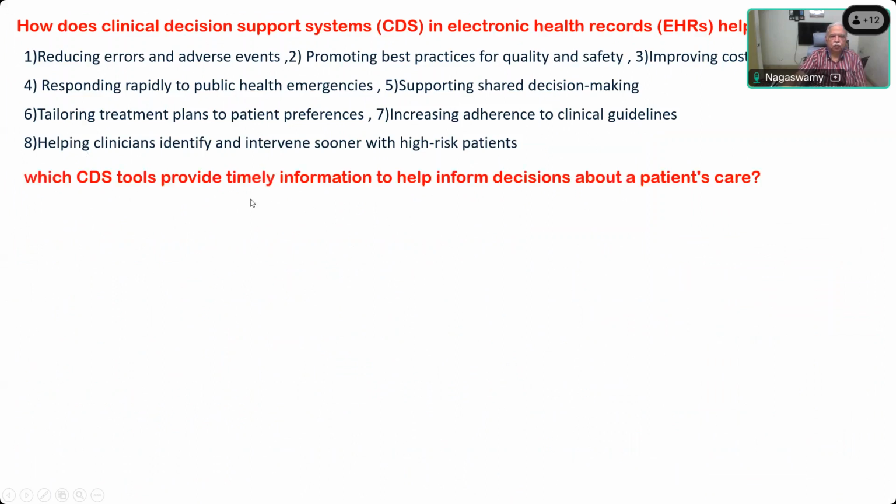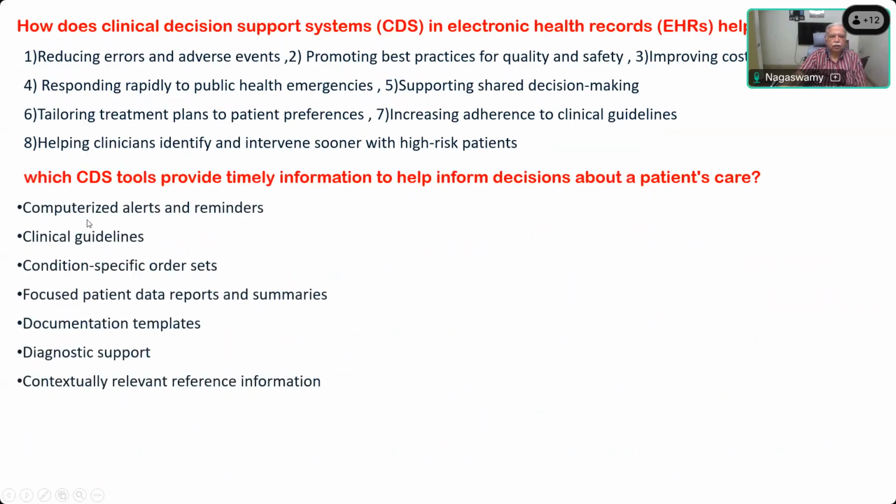CDS tools provide timely information to help inform decisions about patients' care, which is another part of that. So there are computerized alerts and reminders, clinical guidelines, condition-specific order sets, focused patient data reports and summaries, documentation templates, diagnostic support, contextually relevant reference information.